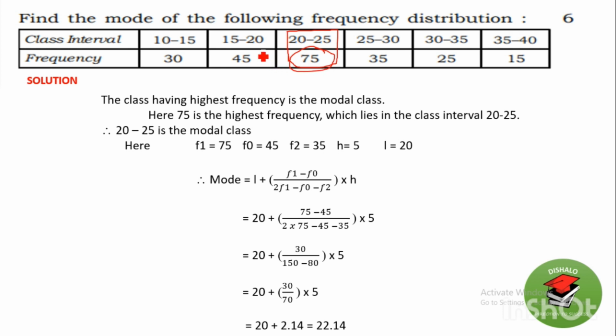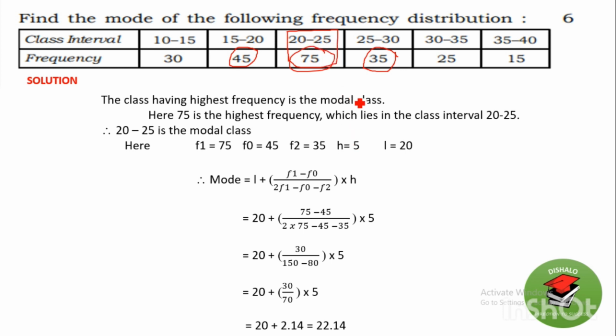f0 is the frequency of the class preceding the modal class, 45, and f2 is the frequency of the class succeeding the modal class, that is 35. h is the upper limit minus lower limit, the class height.